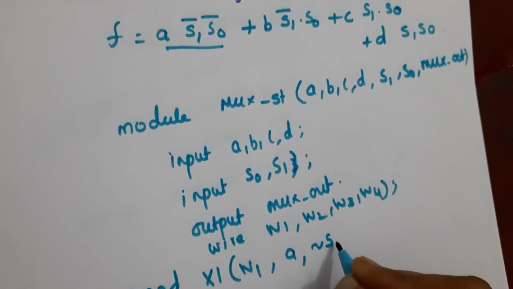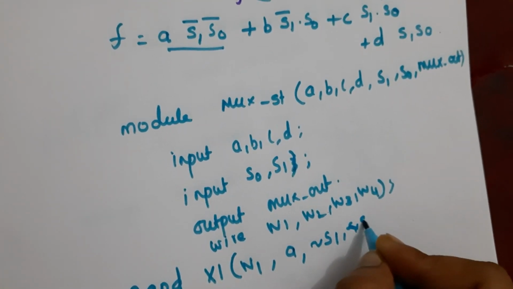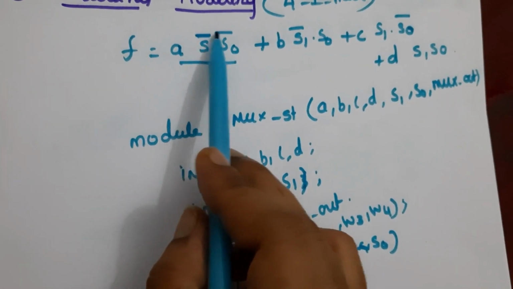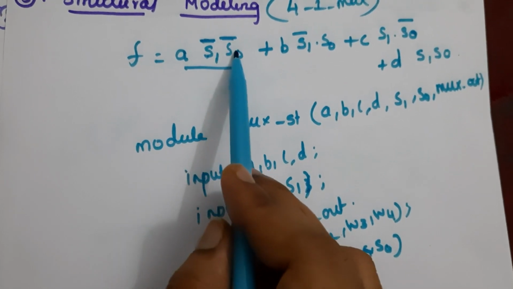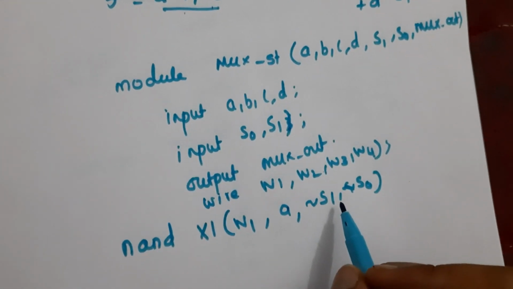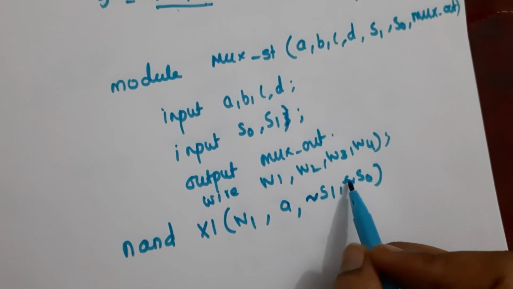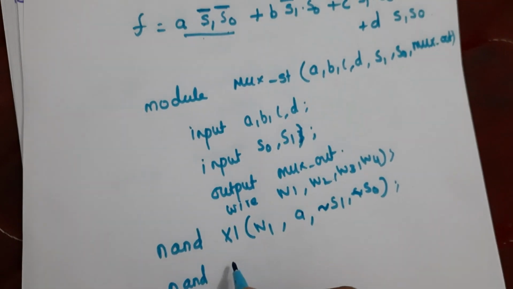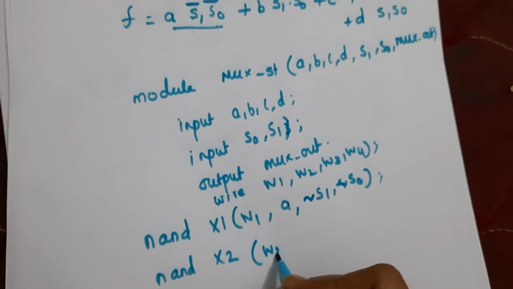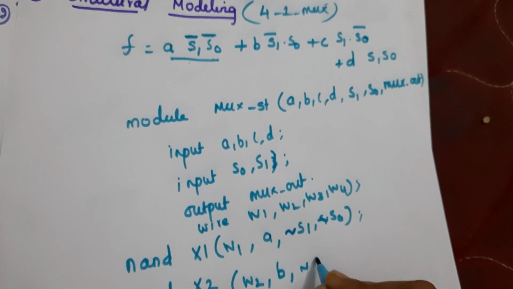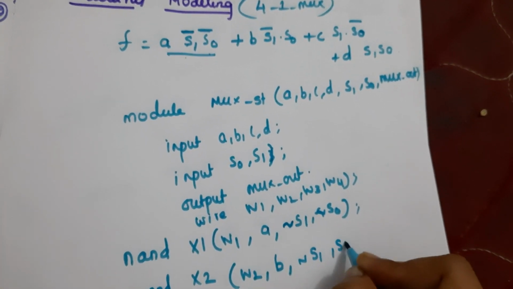So inversion of S1 comma inversion of S0, because the select line here is S1 bar S0 bar, that is defined here as inversion of S1 comma inversion of S0. Again another NAND gate, give one number, this is for W2, the value here is B, inversion of S1 comma S0.